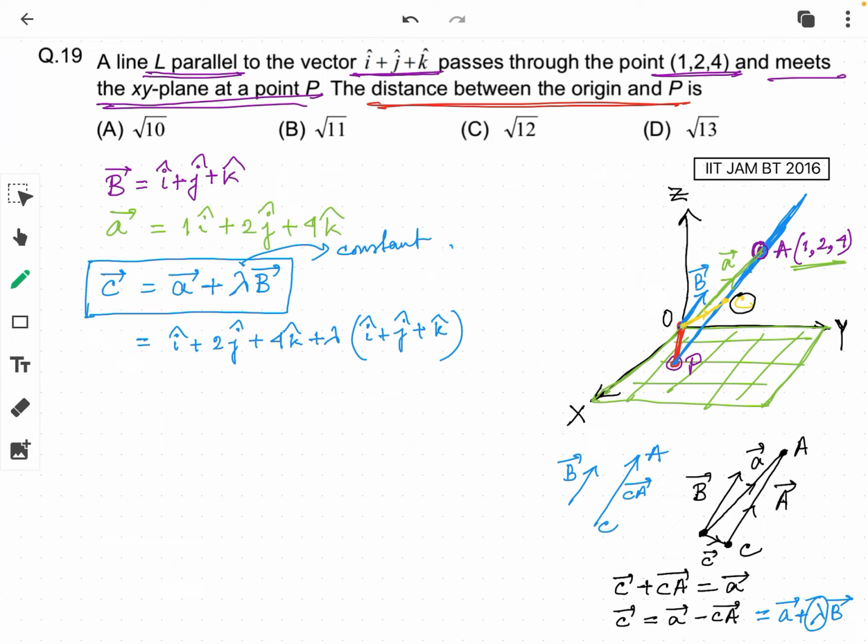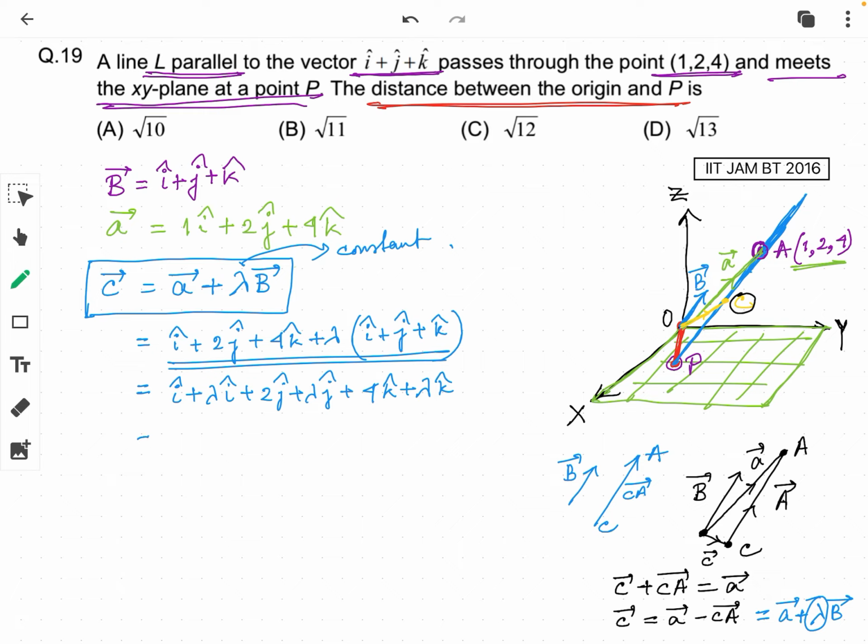Now if we come to our problem and simplify this, we get i cap plus lambda i cap, plus 2j cap plus lambda j cap, plus 4k cap plus lambda k cap.